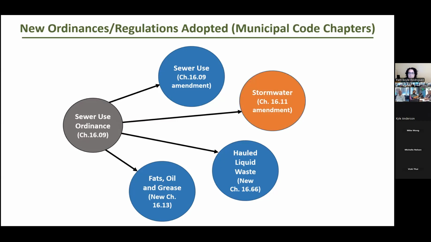One thing I wanted to mention is that for both stormwater and fats, oil, and grease, we also created a regulations document. It is an easy to reference document that we can send people to who are interested in learning more about the requirements, and we can provide it as a reference if we're conducting an inspection and there might be a potential violation.